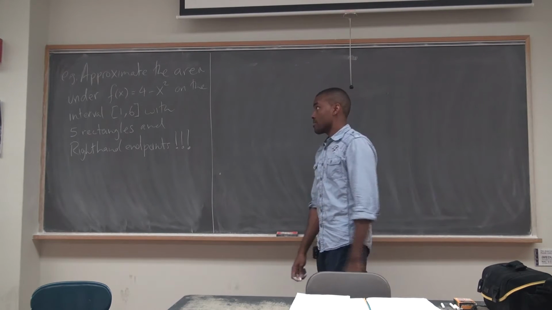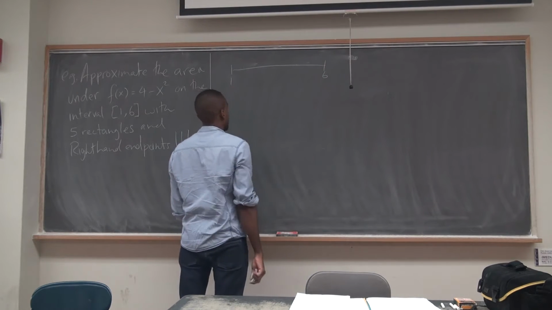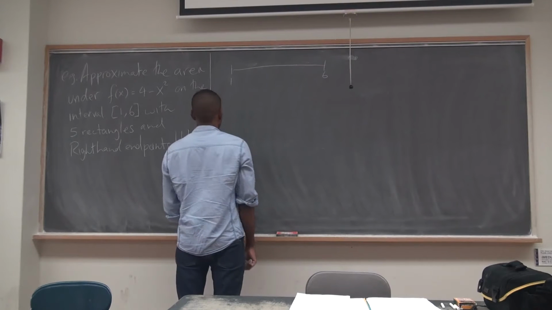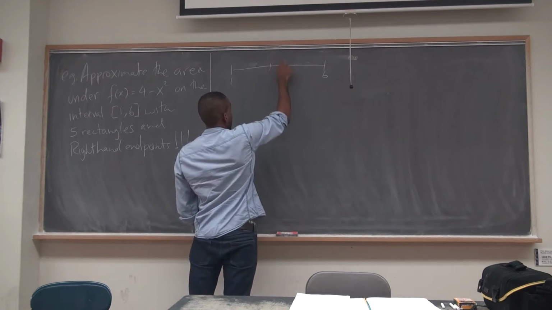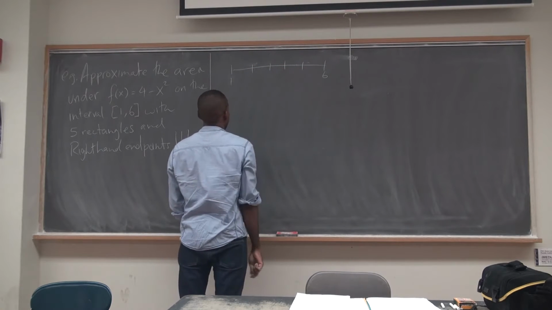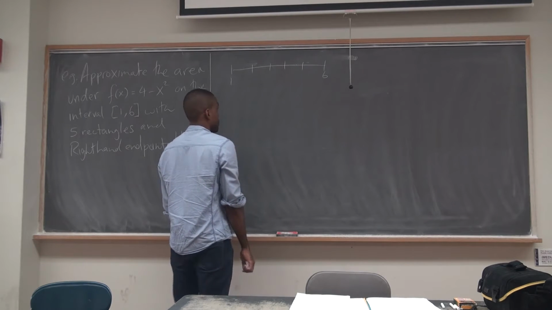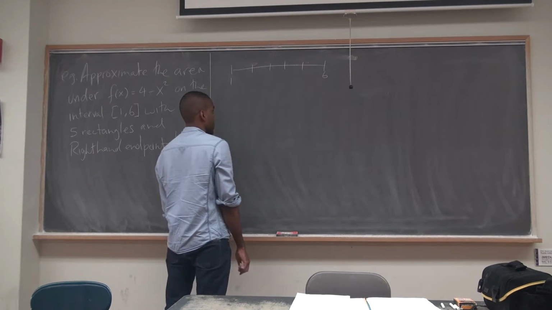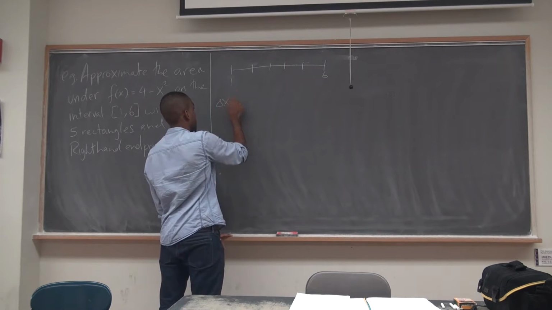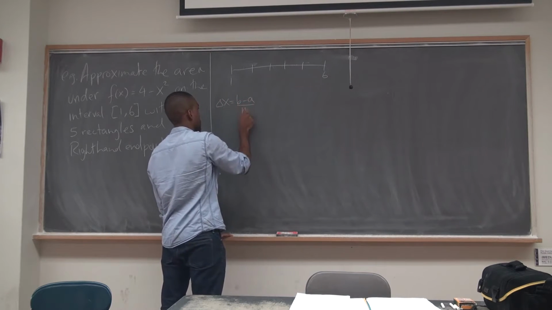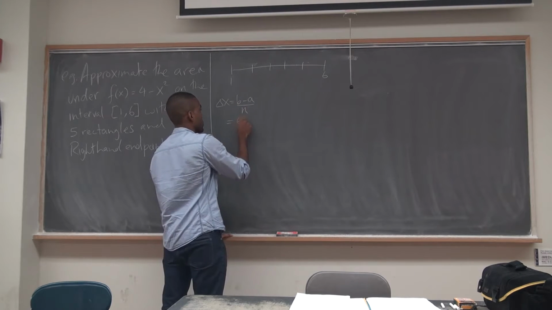Draw your number line: 1, 2, up to 6. So 5 rectangles, so we cut it up into 5 pieces. Then your delta x equals (b minus a) over n. So that'd be (6 minus 1) over 5.